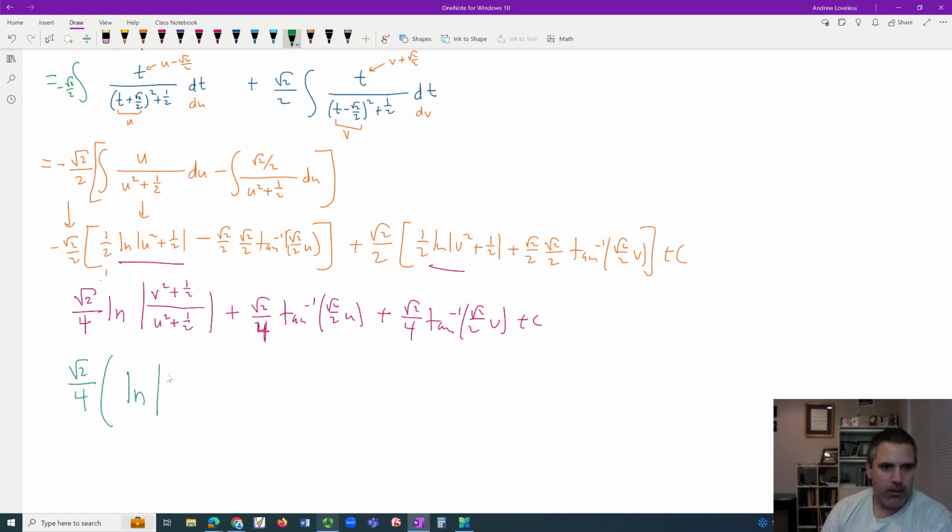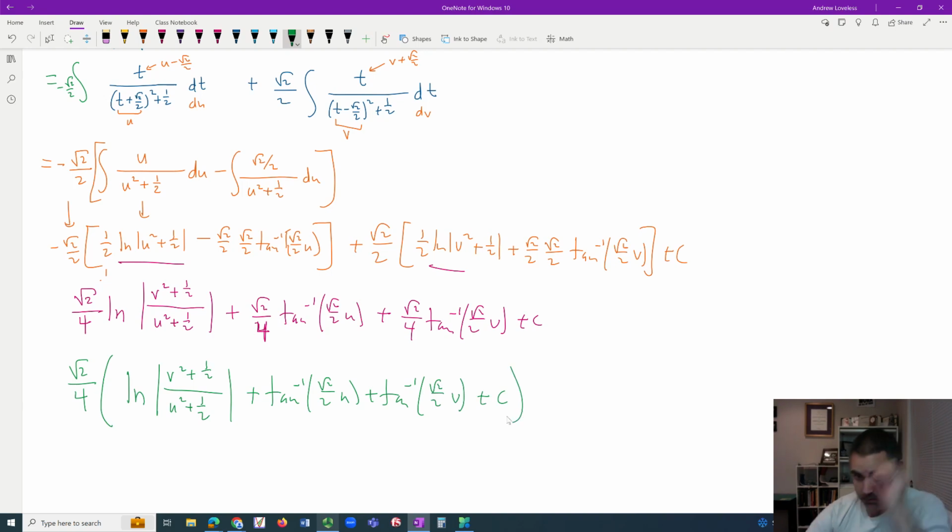The log. I'm just seeing how much I can simplify before I suddenly substitute everything in. And then I'll look online, see how close we got. Arctangent, square root of 2 over 2u, plus arctangent, square root of 2 over 2v, plus c.